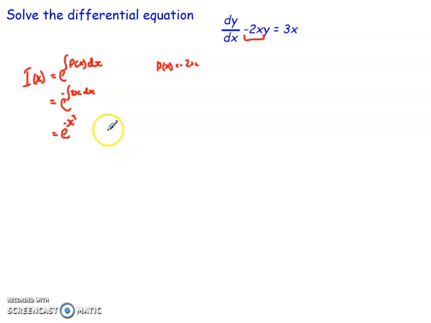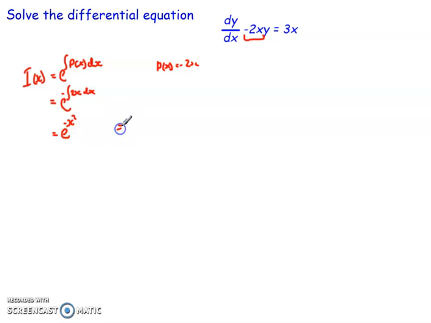Now a point to note here, normally when we do an integral there's a plus c. We don't have to worry about the plus c in this case. For the integrating factor, take your plus c as being equal to 0. We don't have to take that element with us into the original equation.